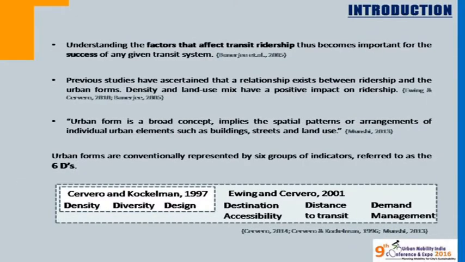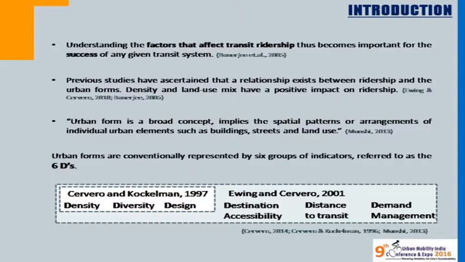To understand the factors that affect transit ridership becomes very important to understand the success of any transit system. Through previous case studies, we have also seen that a relationship exists between certain ridership and urban forms.